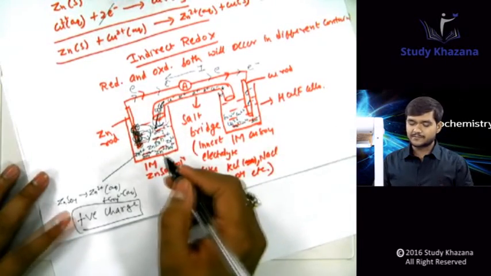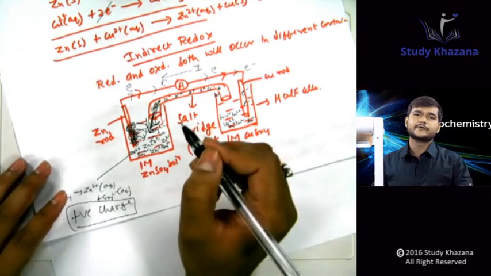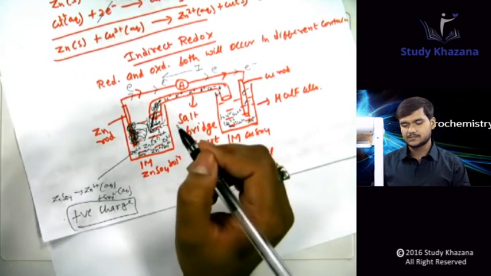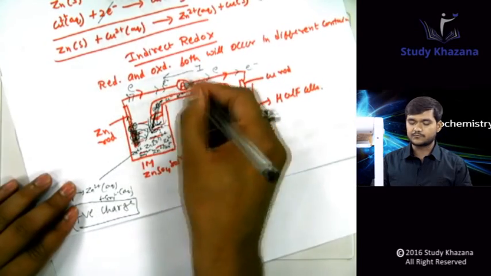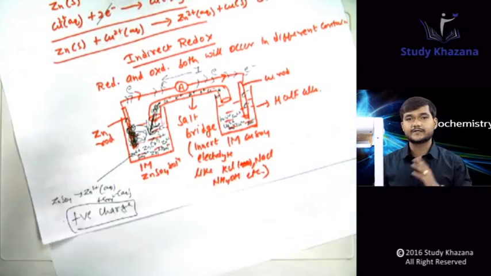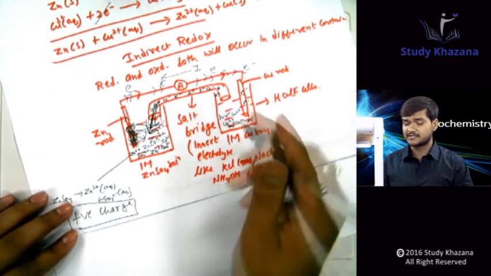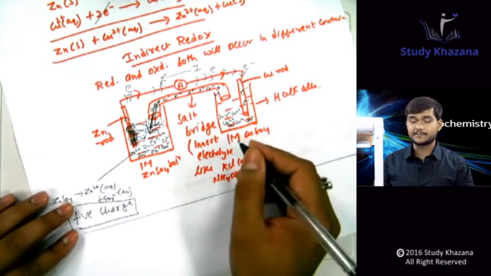So chloride ions from the salt bridge will neutralize the excess of positive charge. Now the positive charge reduces, and electrons again start moving. Just like your remote, when you tap it and the channels start changing when you press the button, in a similar manner.